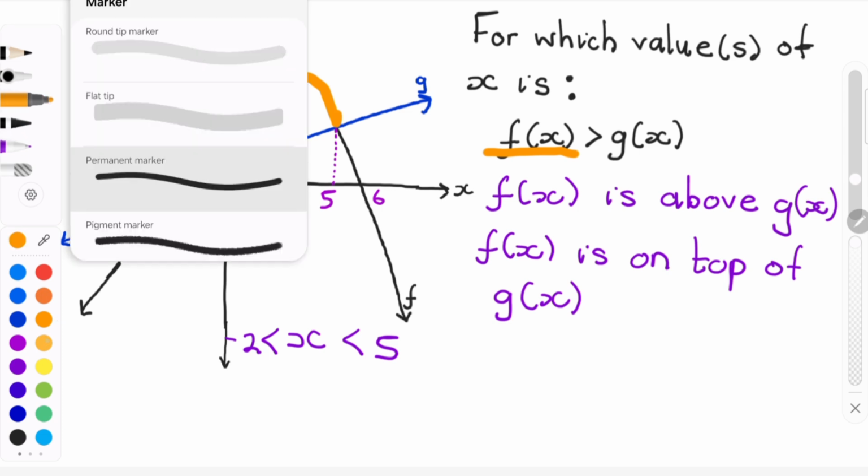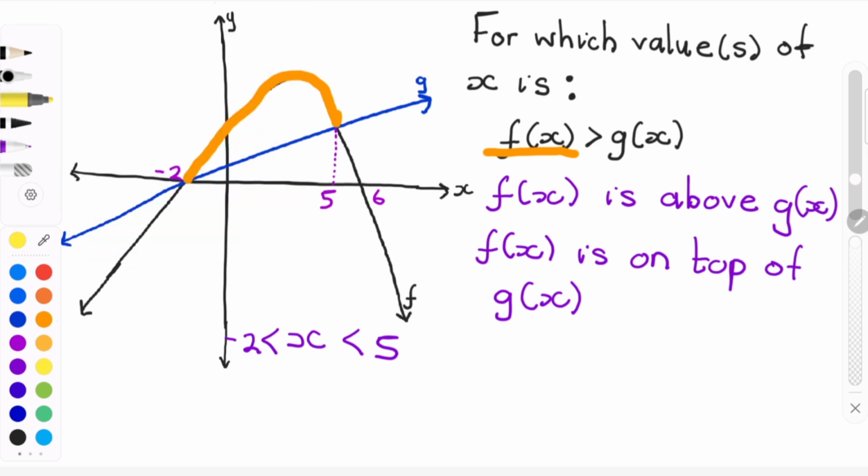Because if we look elsewhere, which is in yellow, we see that the function that is on top is g of x. But we want f of x to be on top. And if we look on this side, the function which is on top is g of x, but we want f of x to be on top.